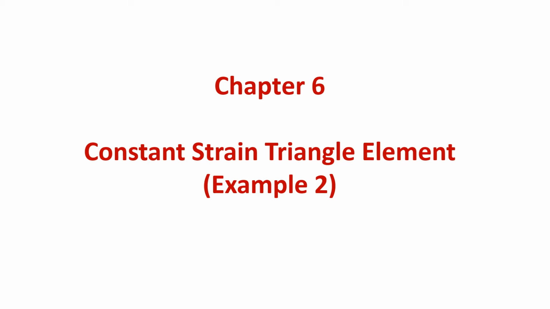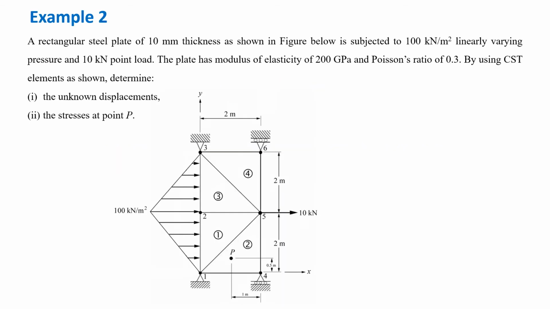In this last video of chapter 6, I would like to discuss the second example regarding the plane stress problem. In this example, a rectangular steel plate of 10 mm thickness, as shown in the figure below, is subjected to 100 kN per meter square linearly varying pressure and 10 kN point load.